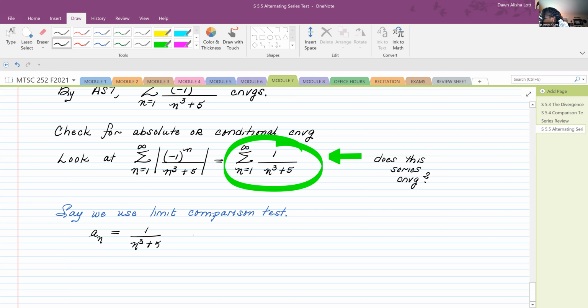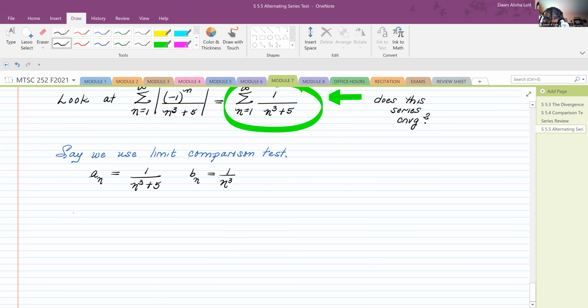And I'm going to let bn be 1 over n cubed. Okay. So I take the limit as n approaches infinity of an over bn.